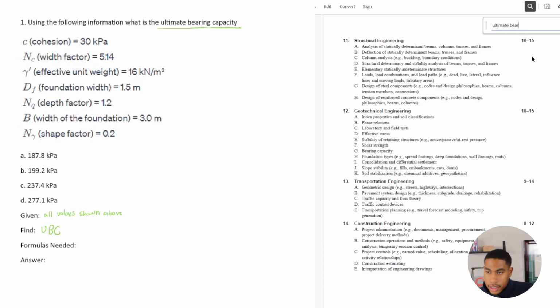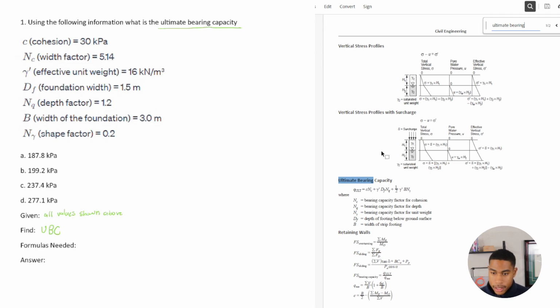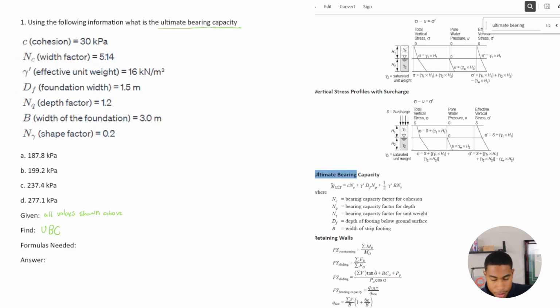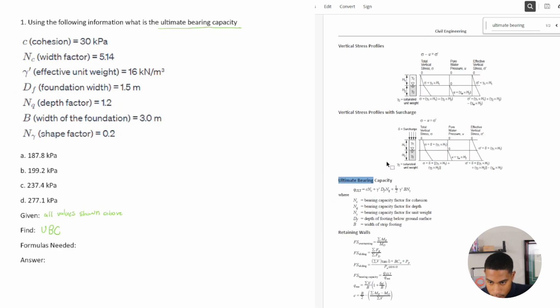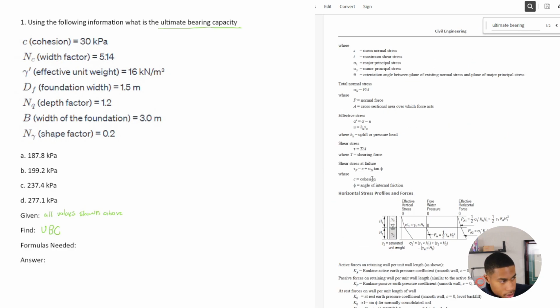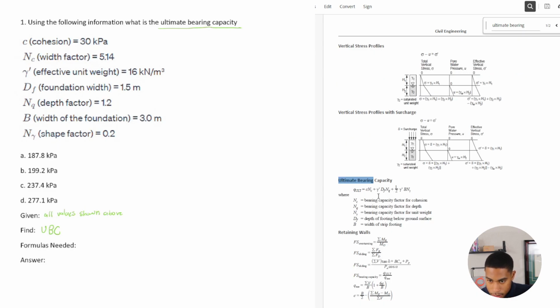Bearing. All right, and two things come up. The first one is ultimate bearing capacity, denoted by Q ult. Then I start looking and seeing, okay, what is C? C is cohesion. Do I have cohesion? Yes, 30 kilopascals.